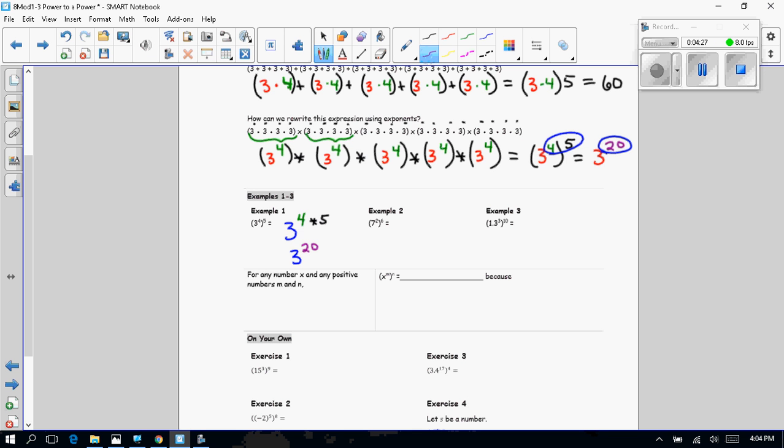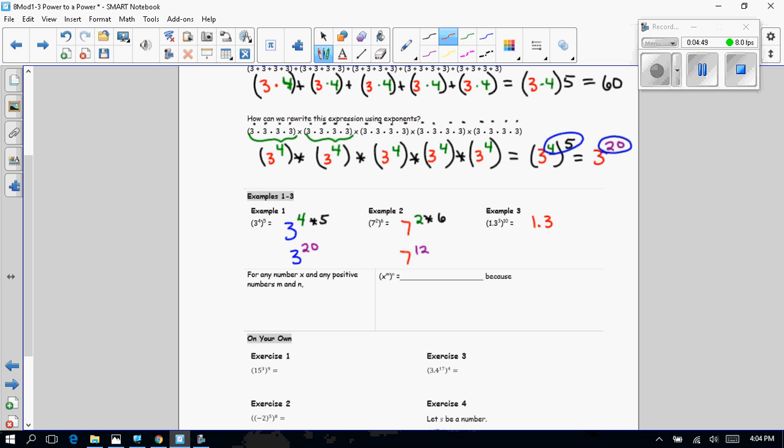Take a look at example 2. We have 7 to the 2 times 6 power, or 7 to the 12th power. Well, what if it has a decimal in it? Yeah, no big deal.